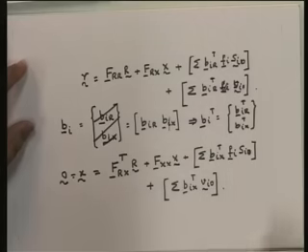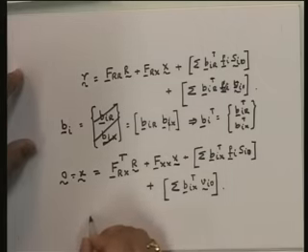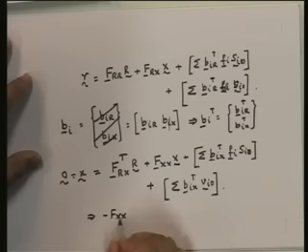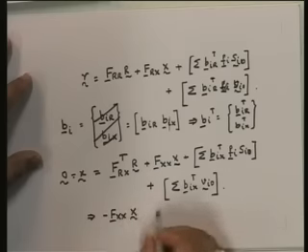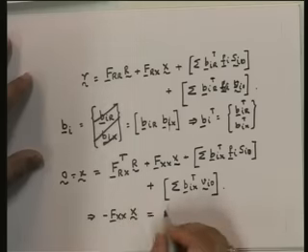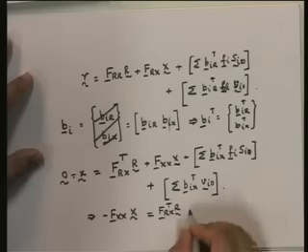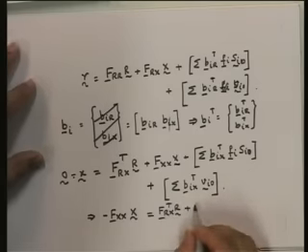So therefore, I can write this as minus FXX is equal to FRX transpose R plus the remaining terms.